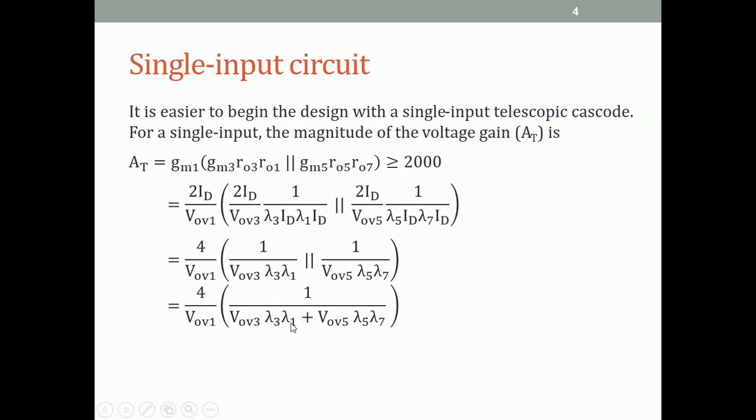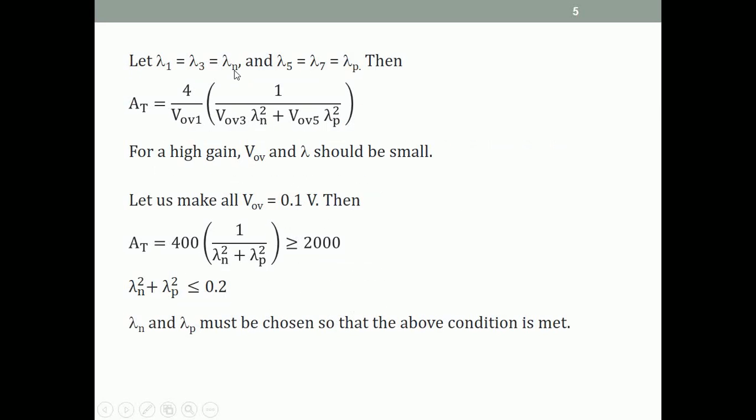Now of course our purpose is to get a sense of what values we should start our design with. There are too many parameters here, so we'll simplify this further. Let the lengths of the NMOSs be equal, M1, M2, M3, M4, and therefore their lambdas are equal, and similarly let the lengths of the PMOSs be equal. So we'll get lambda n squared and lambda p squared, and we want a large gain, so we want VOVs to be small and of course lambdas to be small.